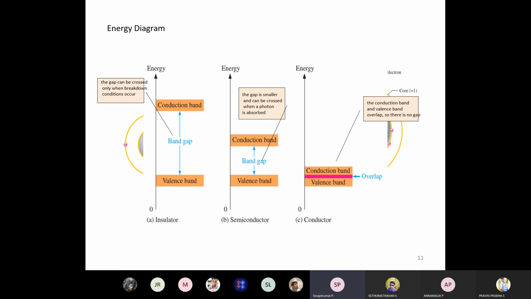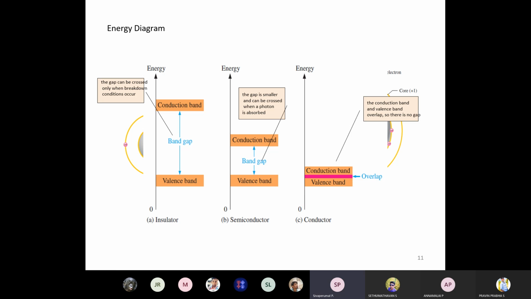But in the case of a conductor, there is good conductivity, and there is no energy gap between the conduction band and the valence band. There will be some overlap, and that overlap is marked in pink color. This is the overlap condition.